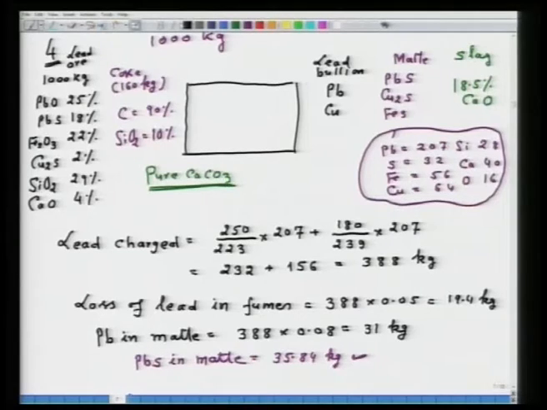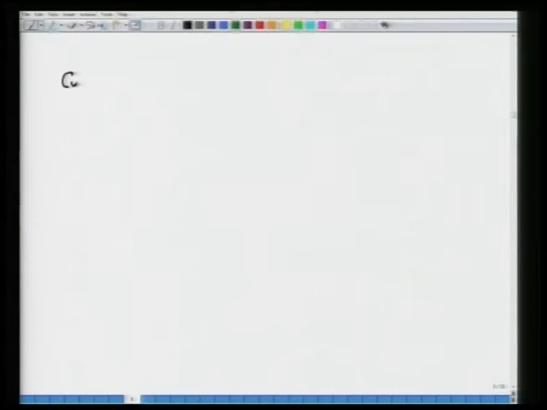Now, let us calculate Cu2S. For Cu2S, the copper charged is equal to 20 into 128 upon 160, which comes to around 16. So copper in matte, as the problem says, is equal to 8 kg.